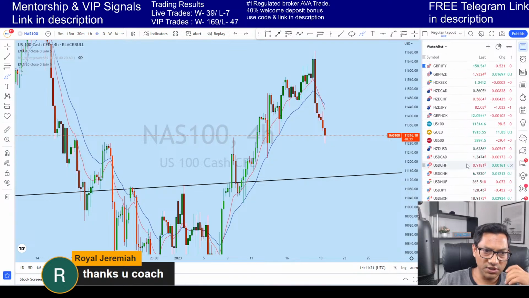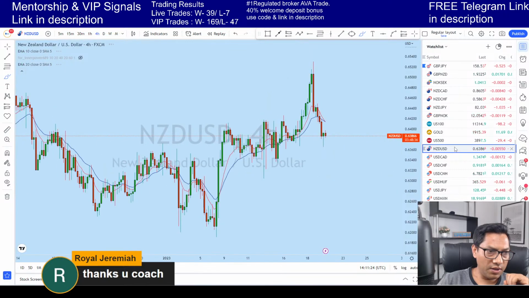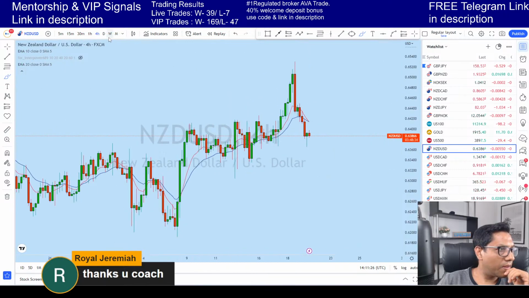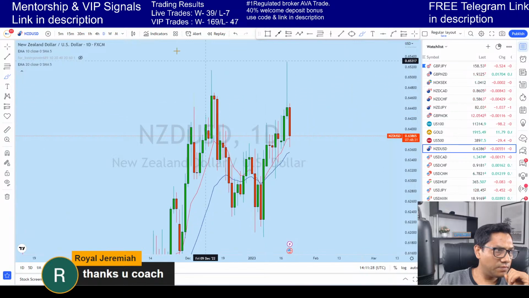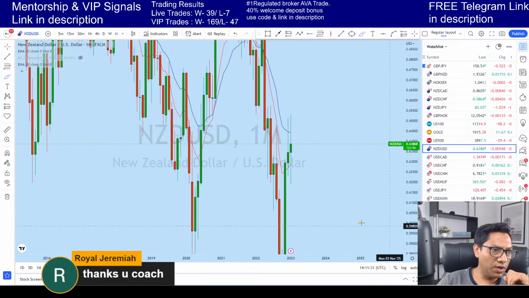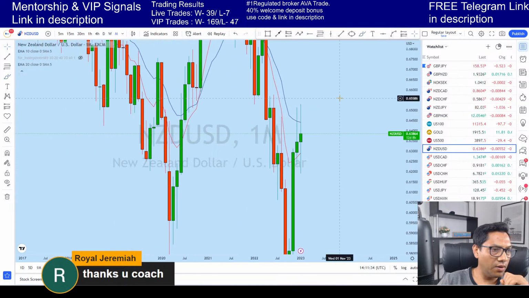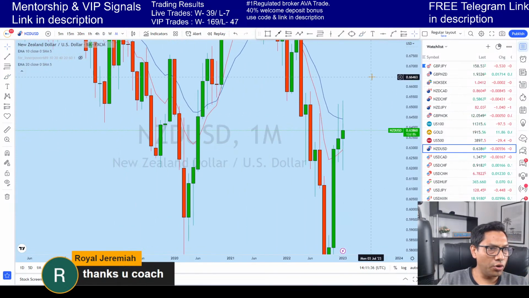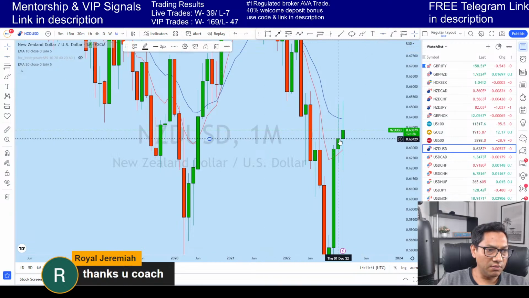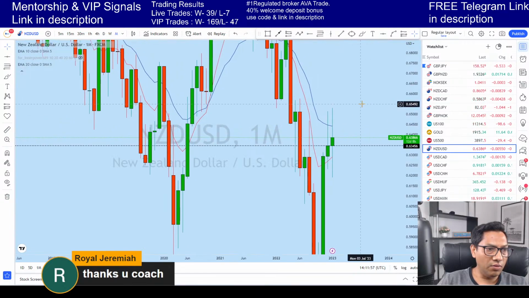Okay, so NZD/USD, first of all, looking at the monthly. From the monthly point of view, we see the opening and closing on NZD/USD, which is a very important support and resistance level from the monthly perspective.